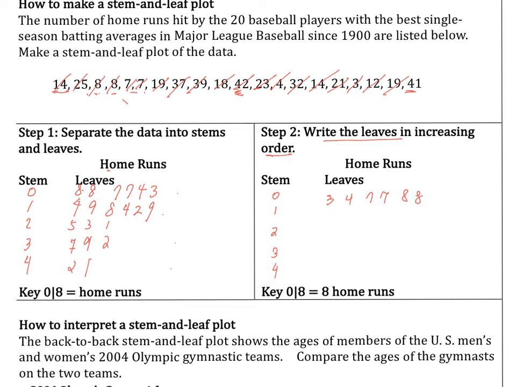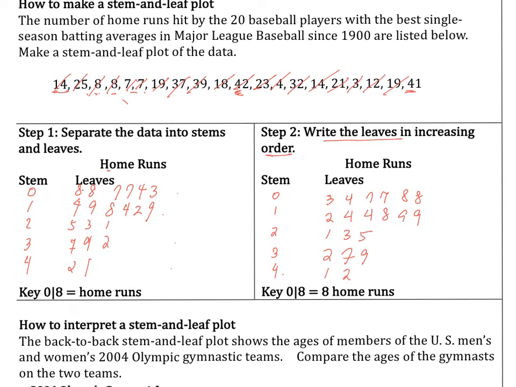And then 2, 4, and another 4, 8, 9, 9. And then 1, 3, 5. Then 2, 7, 9, and for 4 you have 1 and 2.